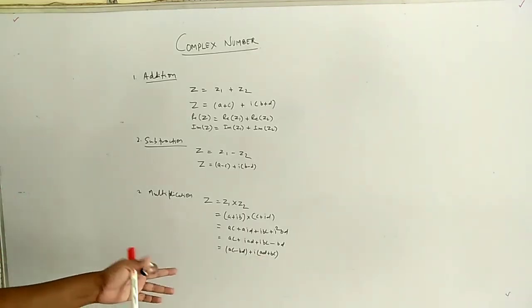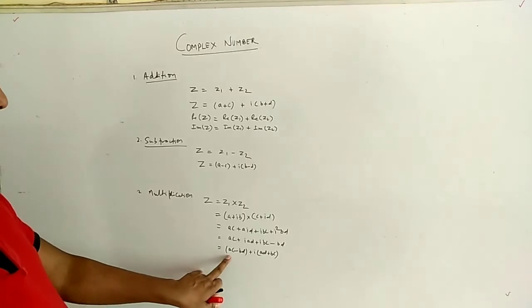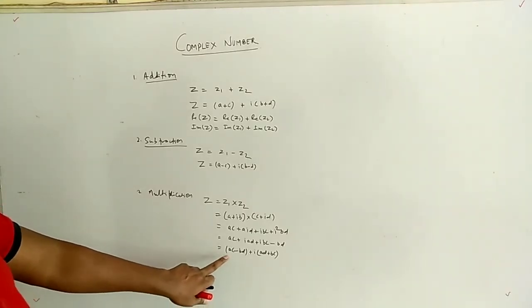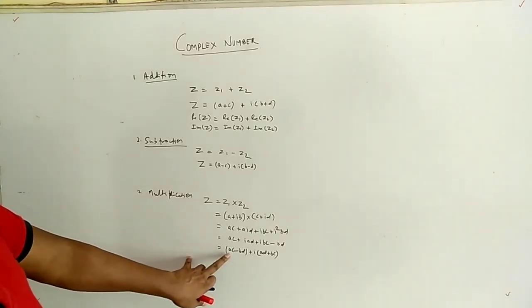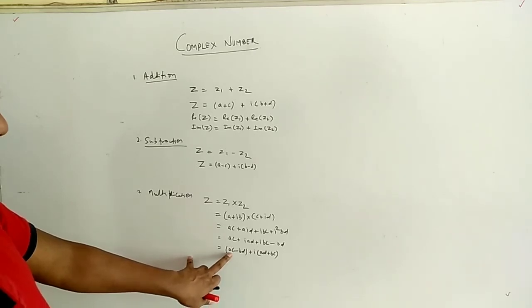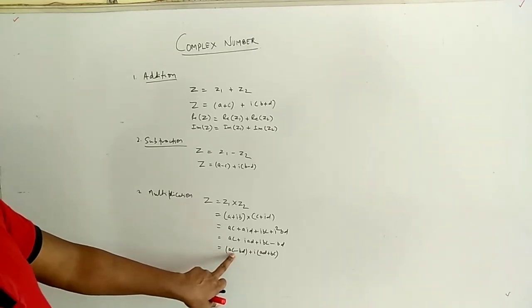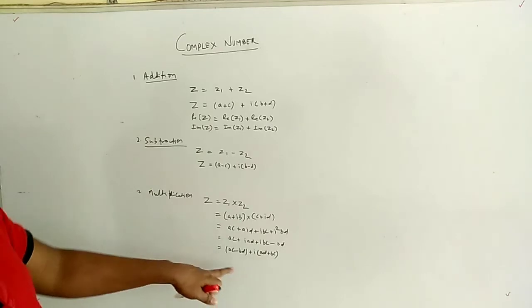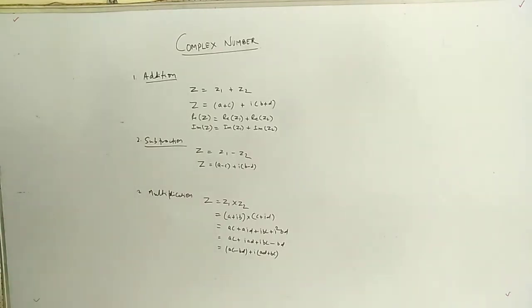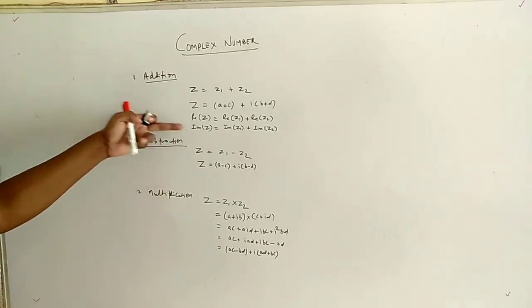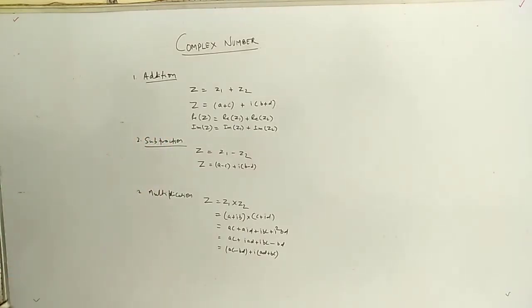So the real part of Z is a mixture of real and imaginary parts. Nobody is going to ask you to write in this form; it is just a statement if you want to go deep into mathematics.